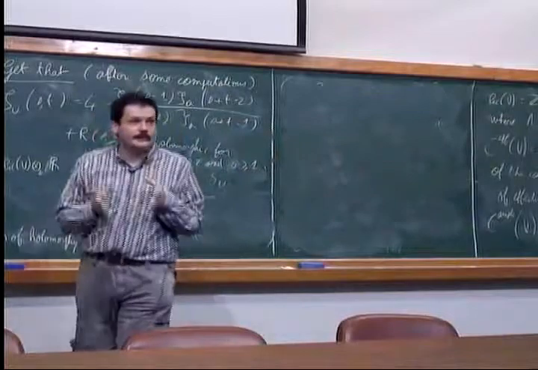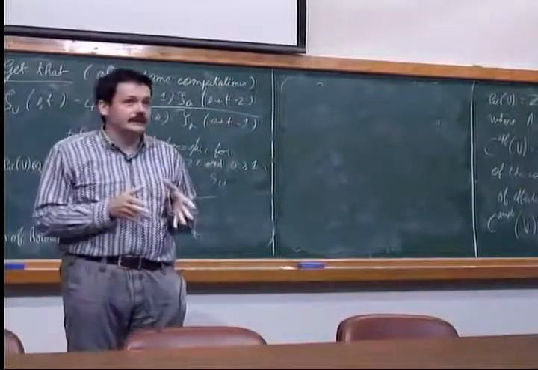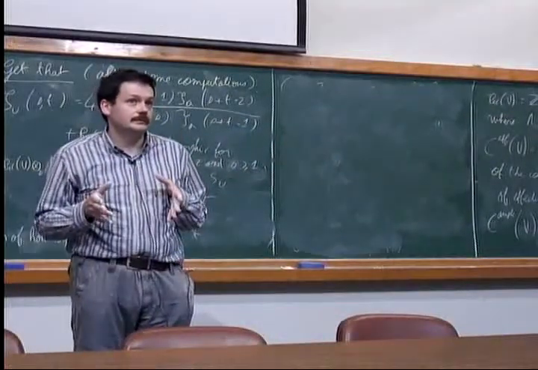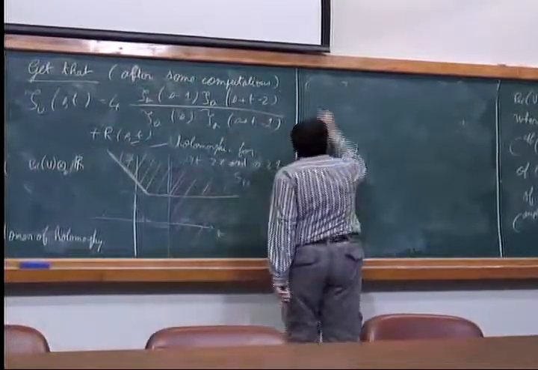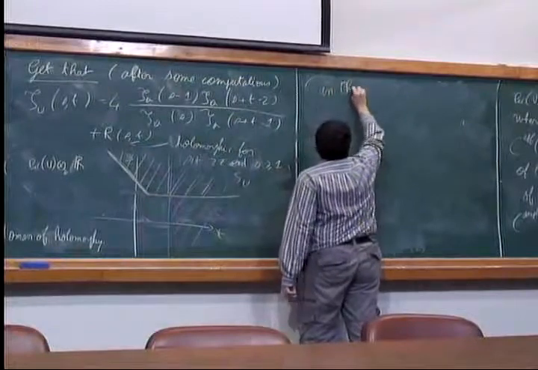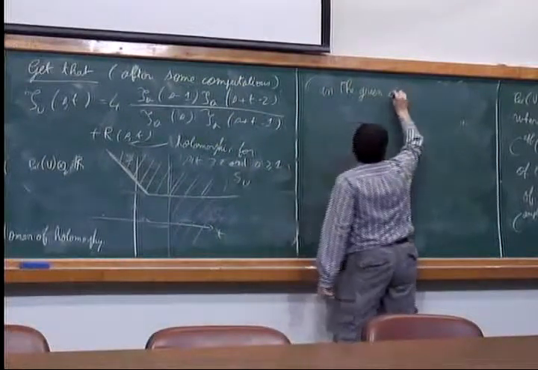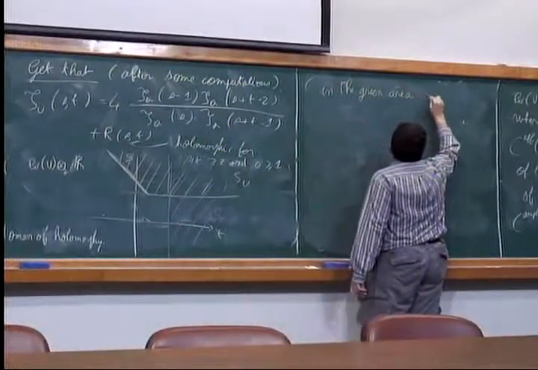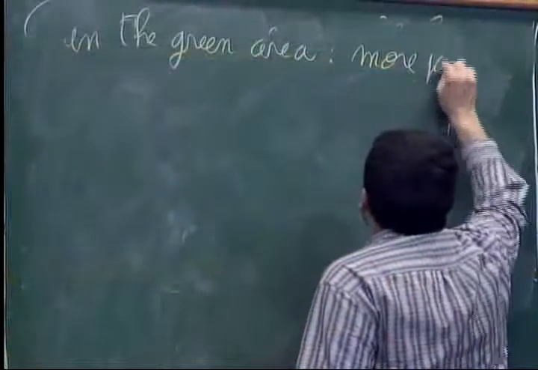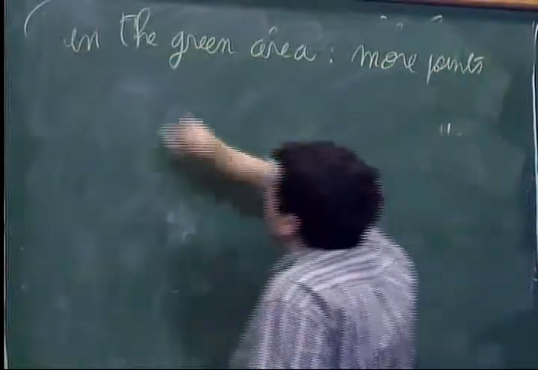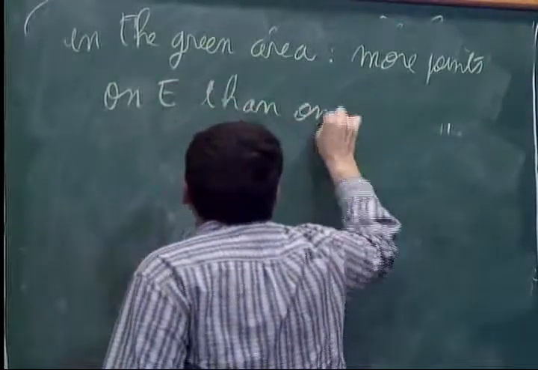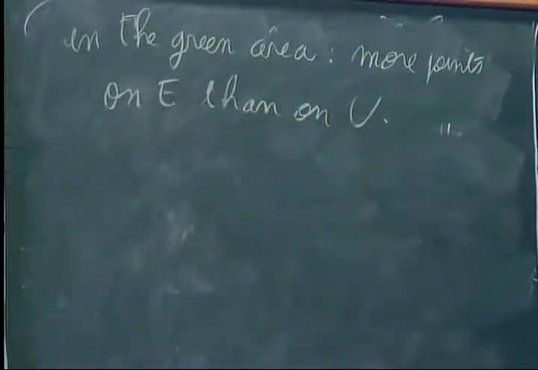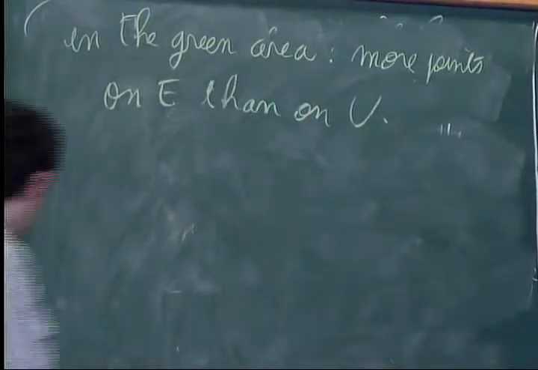What does it mean? This means that there are many more points in E than there are in U. So in the green area, there are more points in the strong sense on E than on U.